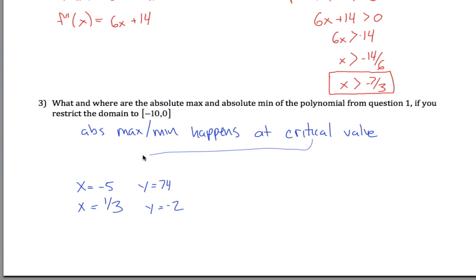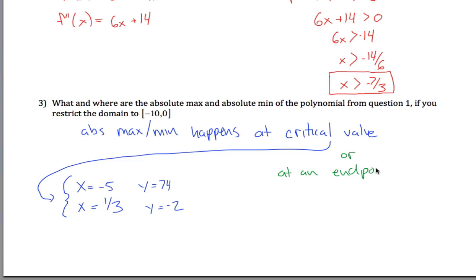So here are my critical values. But it might not be at a critical value. It could also happen at an endpoint. But fortunately, the endpoints are given to us. X equals negative 10, x equals 0.